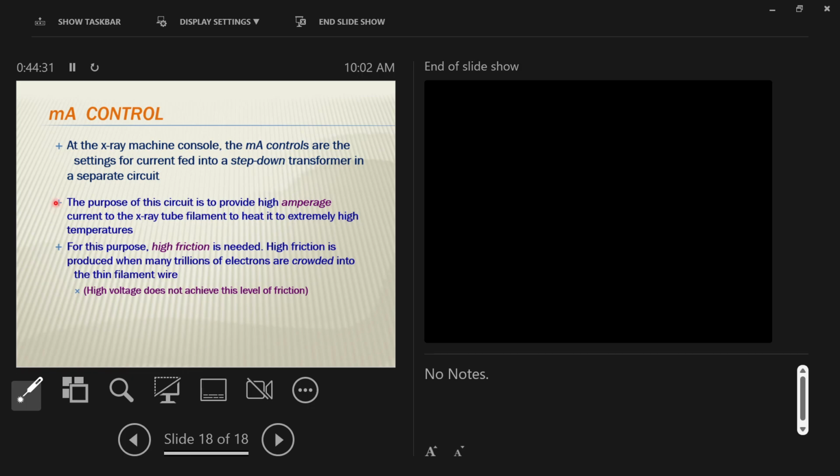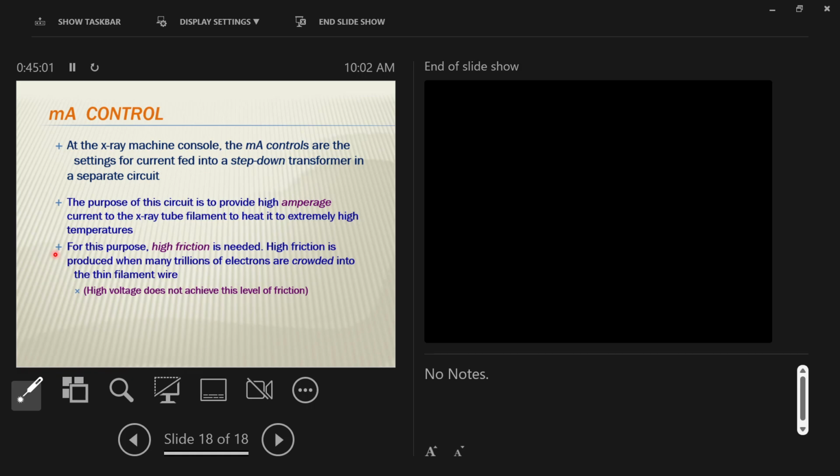So the purpose of the X-ray circuit is to provide, this should say low, to provide low amperage current to the X-ray tube filament, heating it to extremely high temperatures, high friction, and we'll learn what happens to this in a little while. It's like a light bulb, okay? Light bulbs send electric current through a filament, right? Light comes out of the bulb, okay?